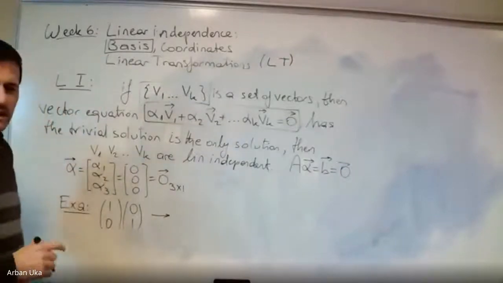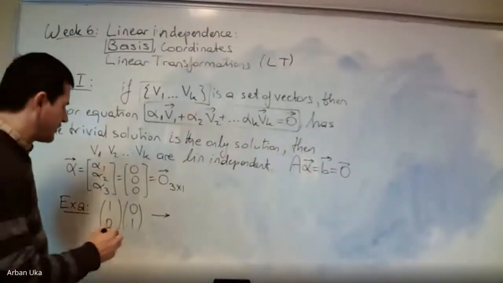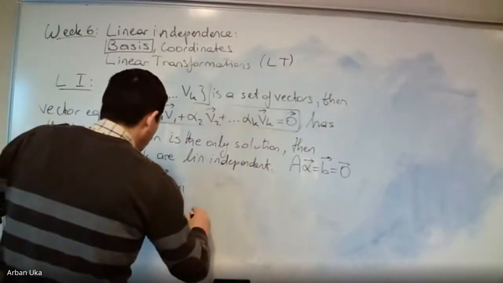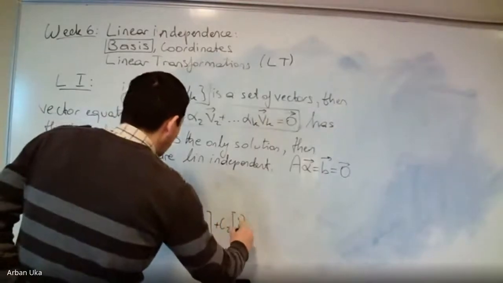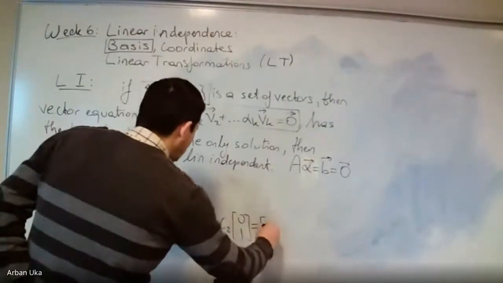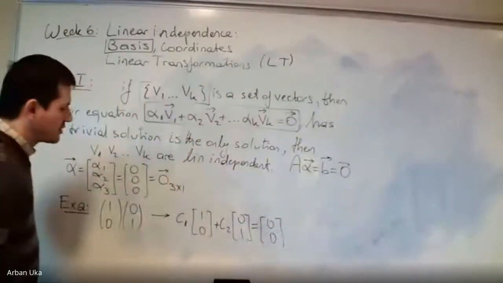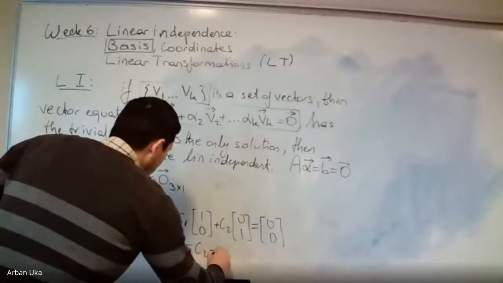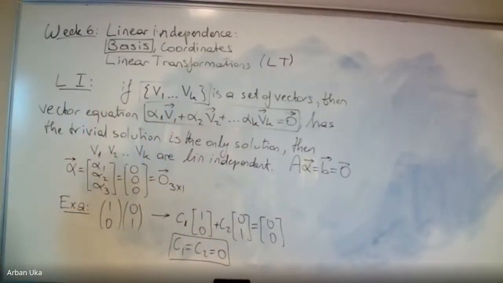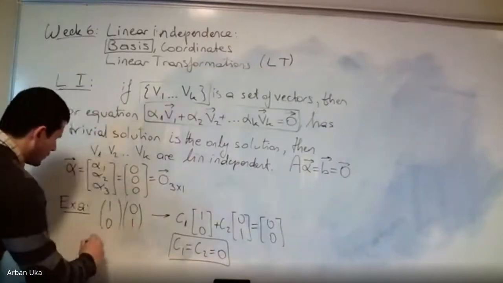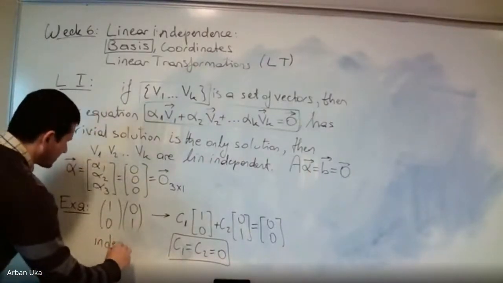Let's pose this in the traditional form: a constant C1 times (1, 0) plus a constant C2 times (0, 1). For which values of C1 and C2 is this equal to 0? Only for 0. This is the case only when C1 equals C2 equals 0, so the solution vector is the zero vector. Then immediately we can say that these two are linearly independent.